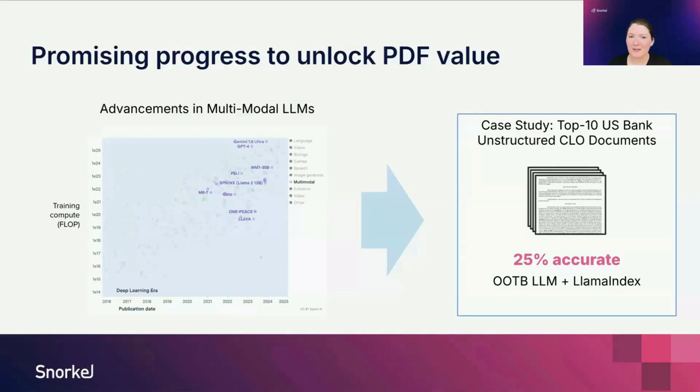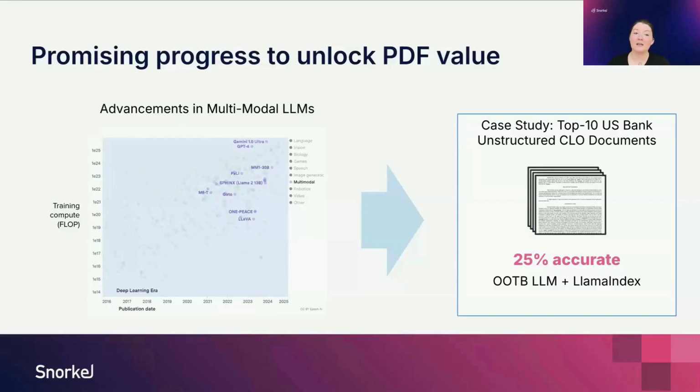But despite all of these advancements, we've learned from working with our customers that out of the box, LLMs are just not sufficient for handling complex domain-specific enterprise documents like PDFs. They might be good at some of the simpler use cases, but for most enterprises, your PDFs are pretty complex, and you want to make sure that whatever you're using is as accurate as possible.